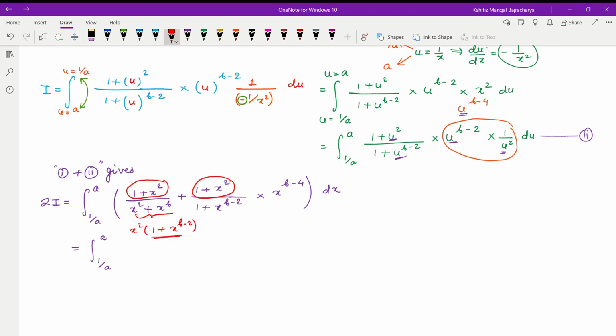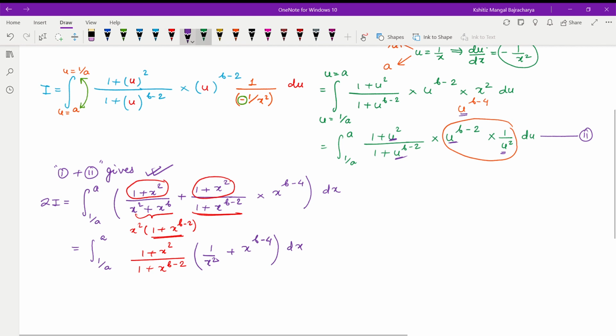So 1 plus x squared over 1 plus x to the power b minus 2, these are the two common factors, and what we are left with is 1 over x squared for this part and x raised to the power b minus 4 for this part.